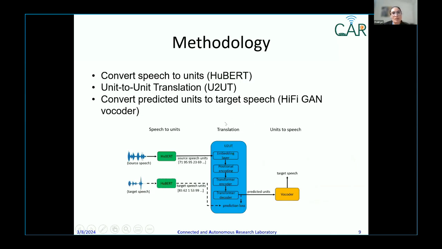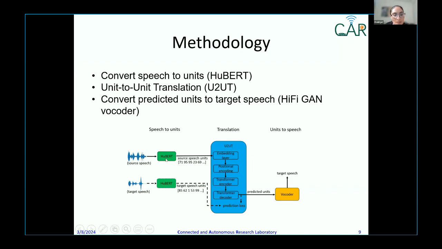Now, going into the details of the methodology. This is the overall methodology. It consists of three subcomponents, or three steps. Firstly, we convert speech to units. We have raw speech in both the source and the target language, and we need to convert this speech into discrete unit representation, which is a sequence of numbers.